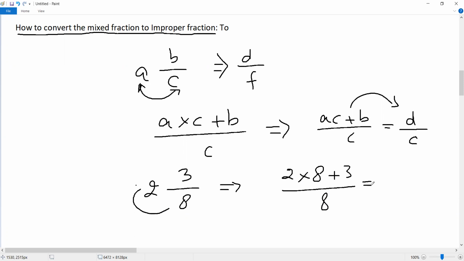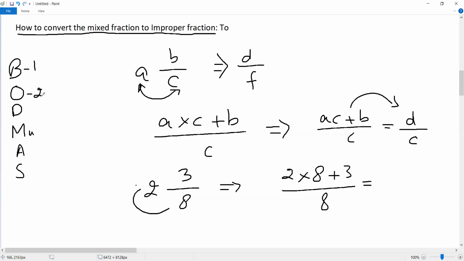I think you are all aware of the BODMAS rule. If we see multiplication, number one, you solve brackets. Number two, you take powers or orders.